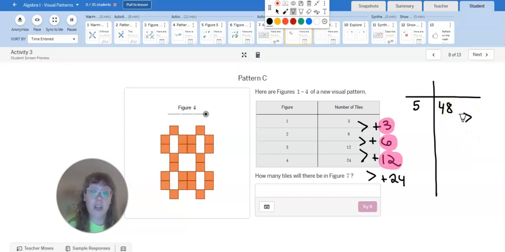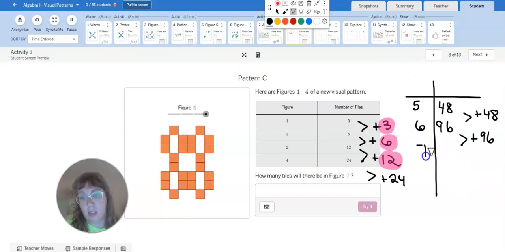To double 24, 24 times 2 is 48. So we have 48 plus 48 gets us 96. And then 48 doubled is 96. And 96 plus 96 is 192.